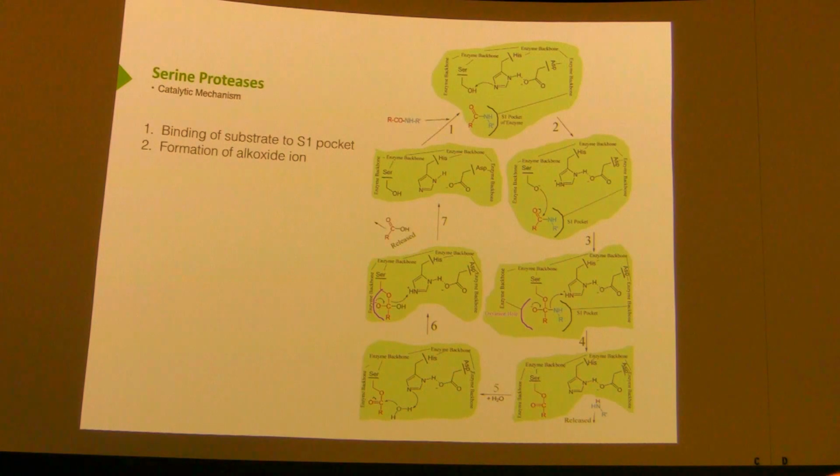Those changes resulted in the formation of the alkoxide ion, and that alkoxide ion performed a nucleophilic attack on the carbonyl carbon of the polypeptide chain. The intermediate was stabilized in the process by the oxyanion hole. The result of that was the peptide bond was broken.